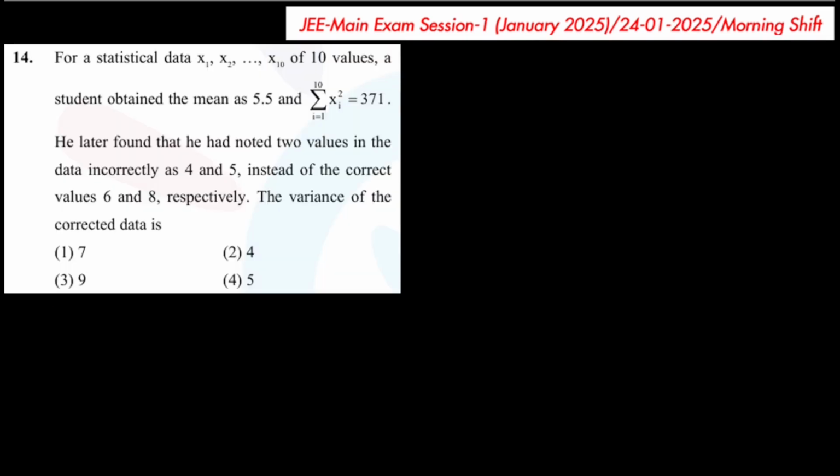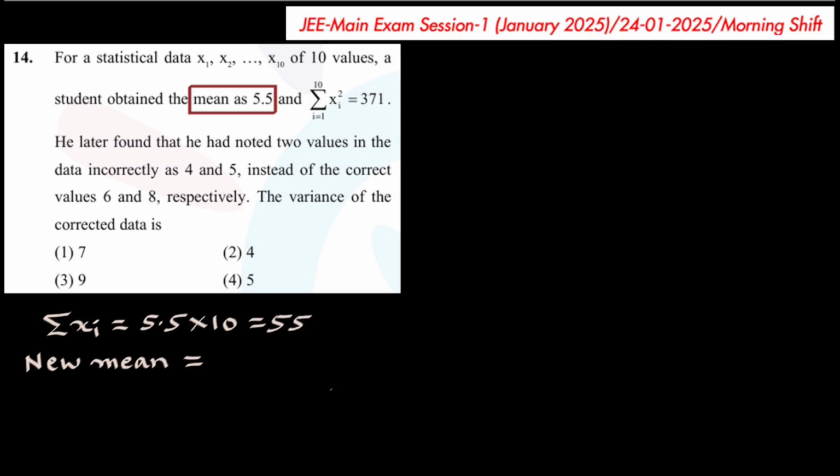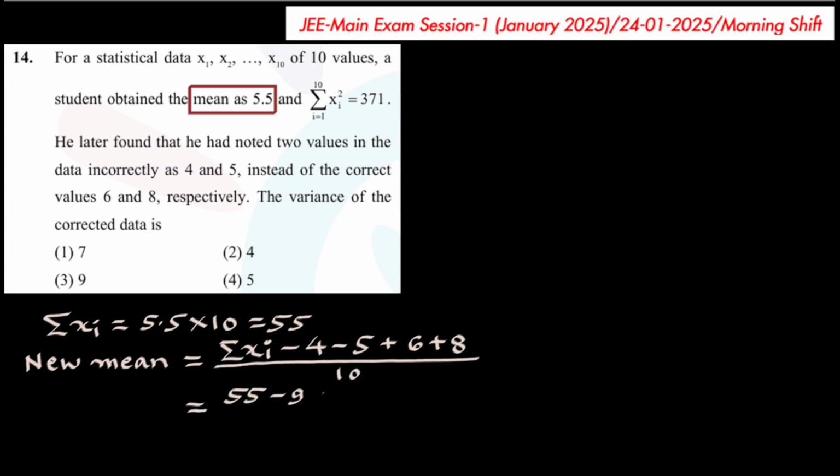In this question, the mean is 5.5, so summation xi will be 5.5 multiplied by 10, 55. We write the new mean from the given conditions, summation xi minus the wrong values 4 and 5 plus the correct values 6 and 8 upon 10, that will be 55 minus 9 plus 14 upon 10, 60 upon 10, 6.